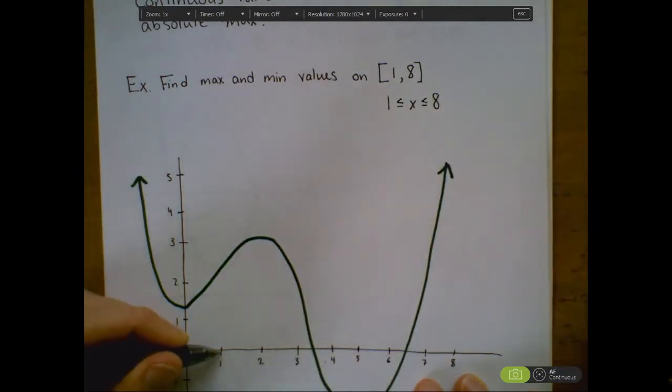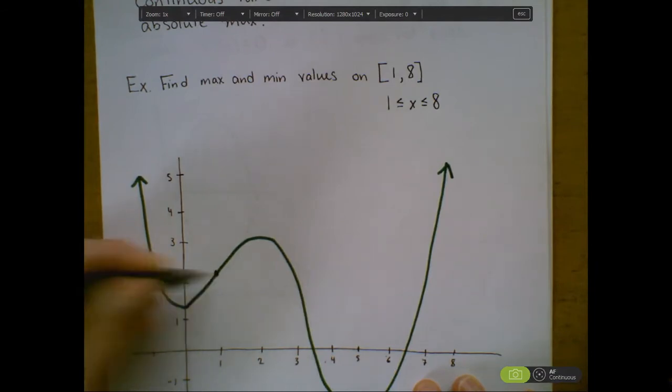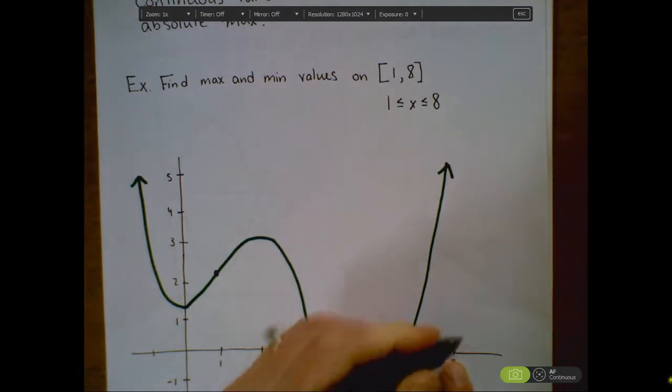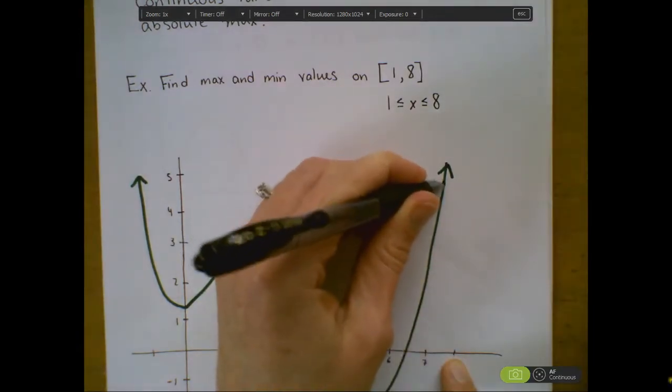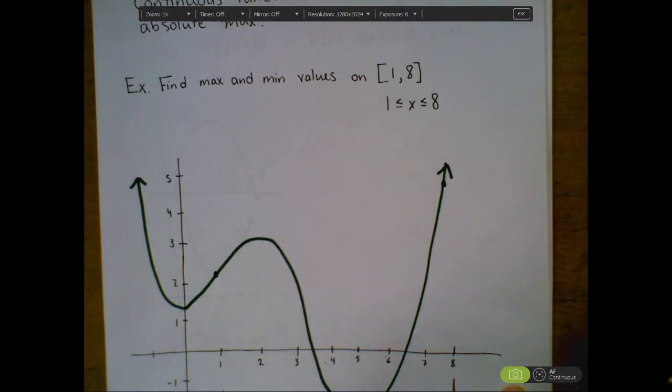So let's take a look. When x equals 1, we're about right here. And I'm highlighting from x equals 1 all the way to where x equals 8, which is about right here. So we're going to restrict ourselves to just consider this interval. And what do we see on this interval?